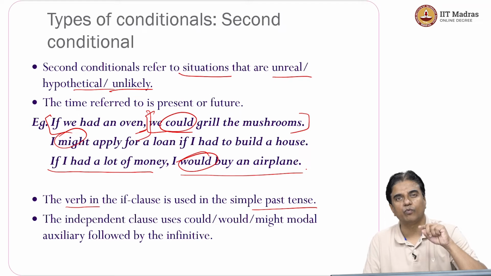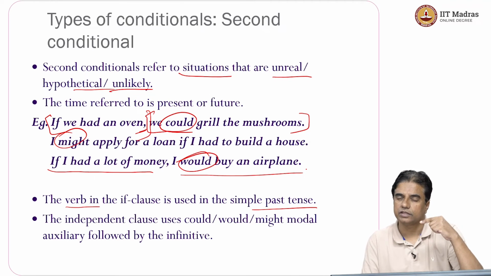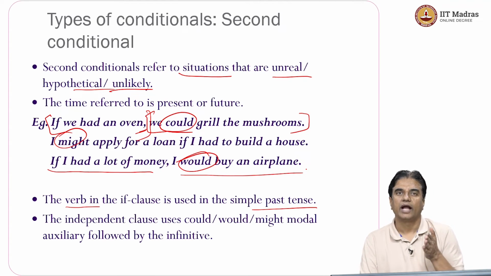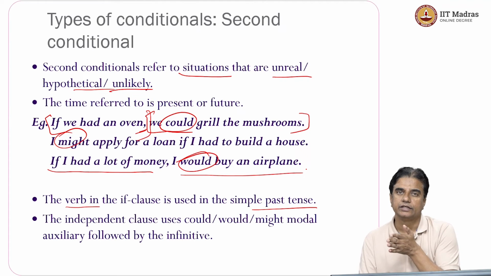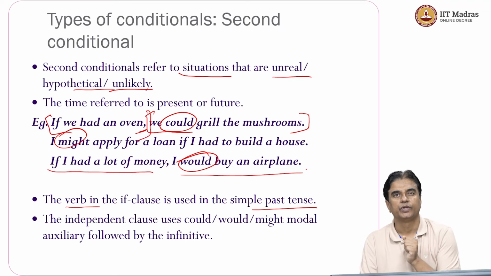The moment we say one condition in it, the condition is going to be predicated upon something, which means the condition has to materialize first, and only then the second one, that is the one that is given in the main clause, is going to be true.